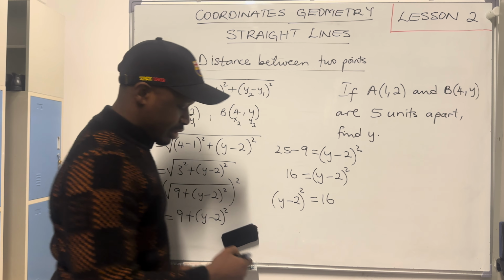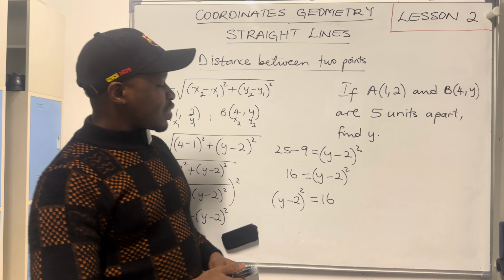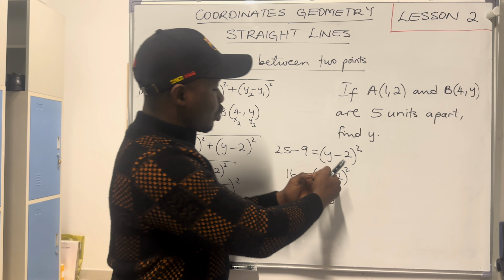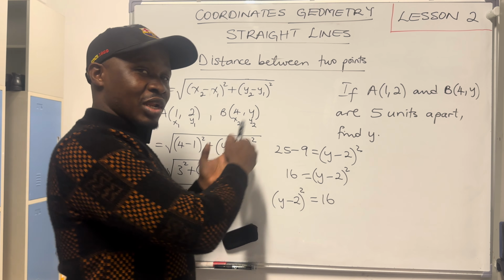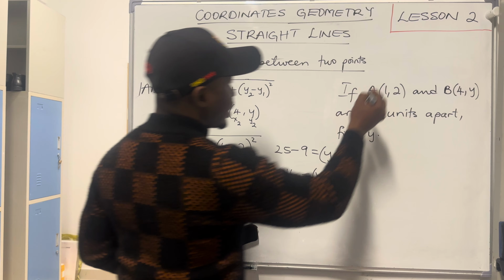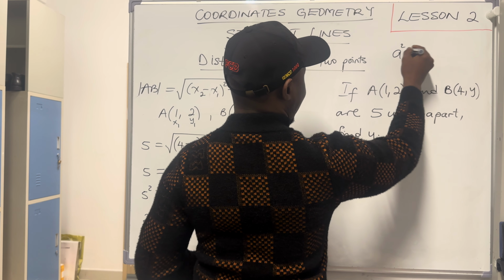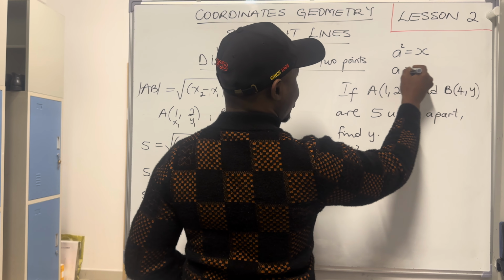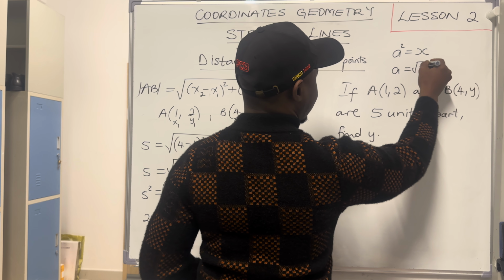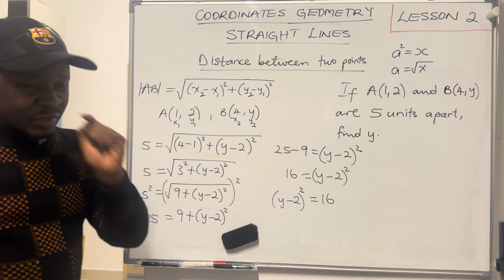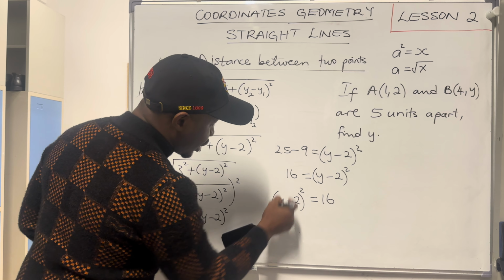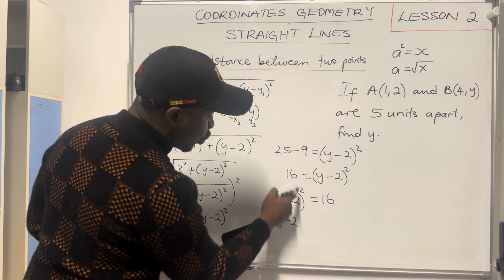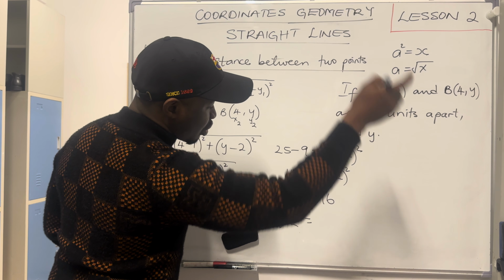So this is just the same as y minus 2 squared equal to 16, rewriting the same thing. It's like saying if A is equal to B, it is the same as B is equal to A. But we have this fact that says if A squared is X, then if you ignore the square, we take the square root of the other side, which is X. So if we ignore the square on y minus 2, what happens to the other side?